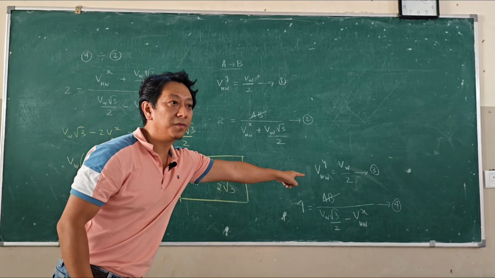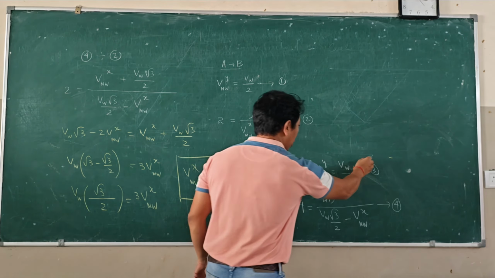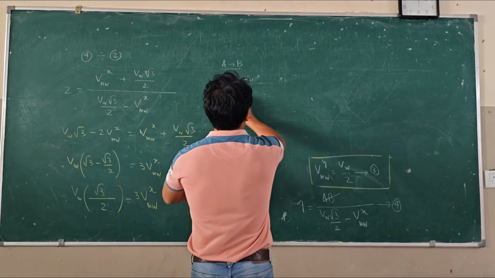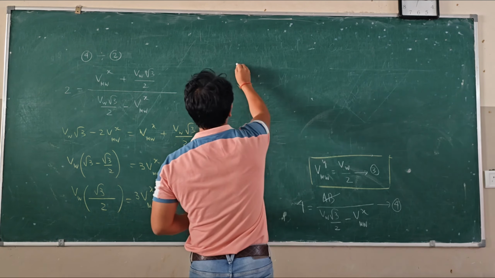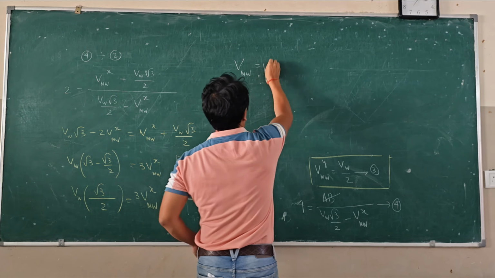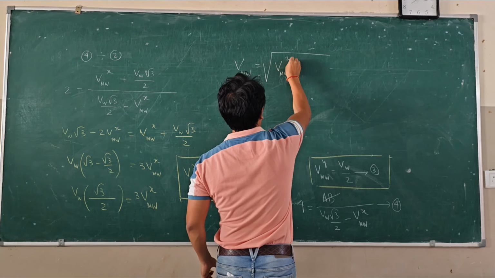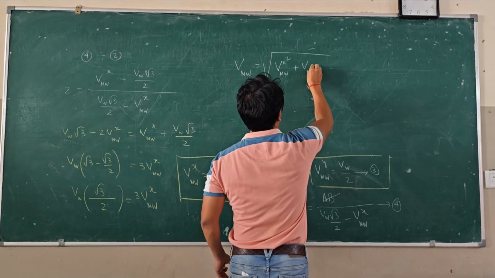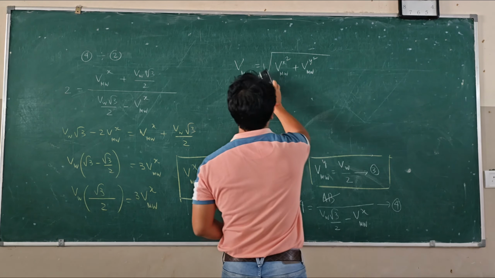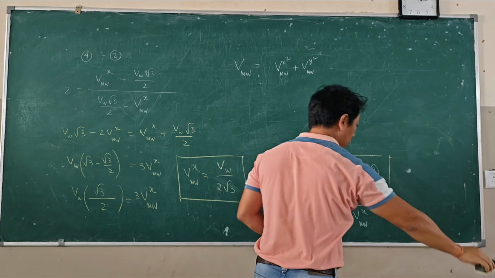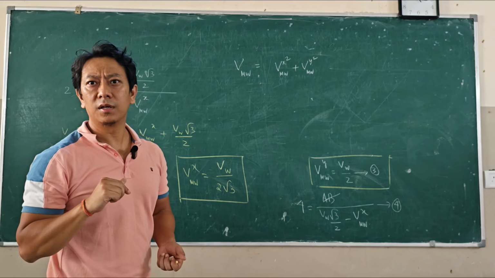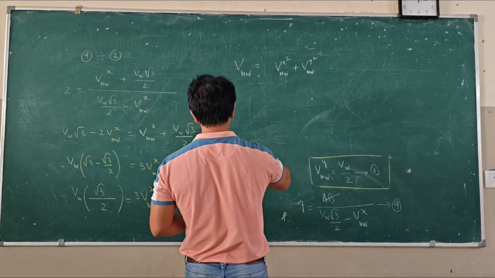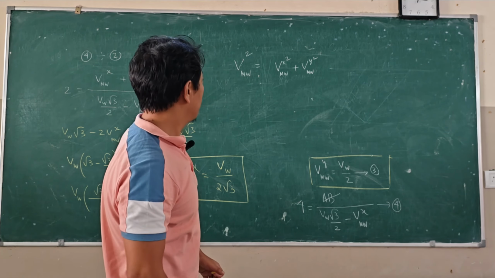VMW y I already know. So now I will write the magnitude of any vector. How do you write VMW? Under root VMW x square plus VMW y square. Why did I write under root? I will write square on both sides. Let me keep it square here, no problem.